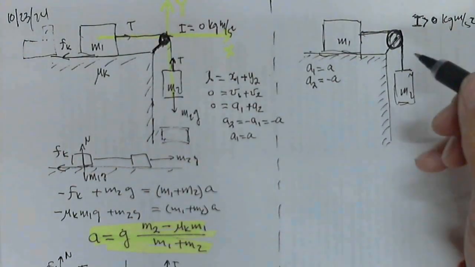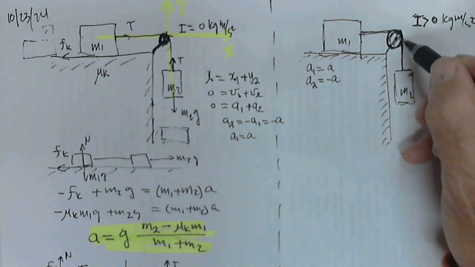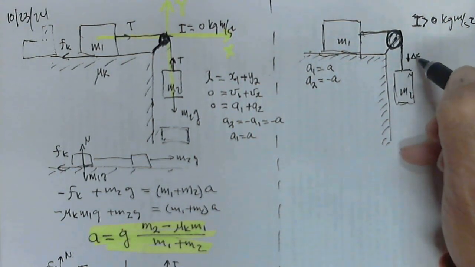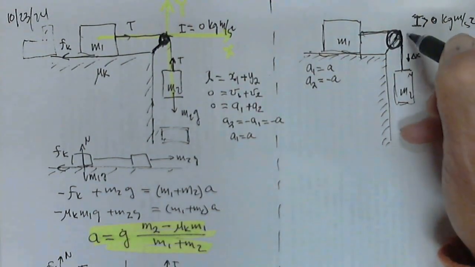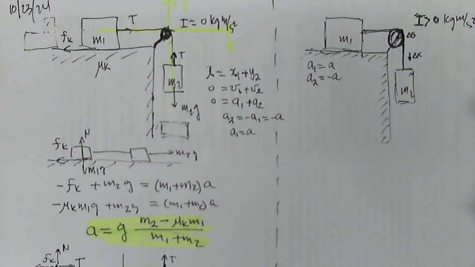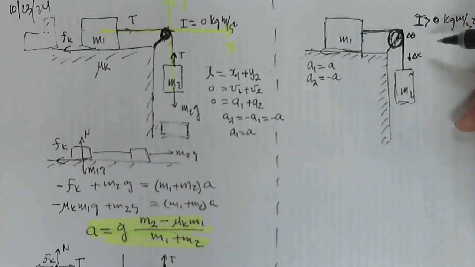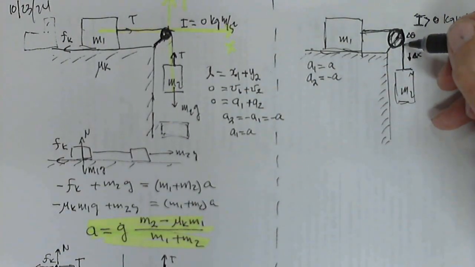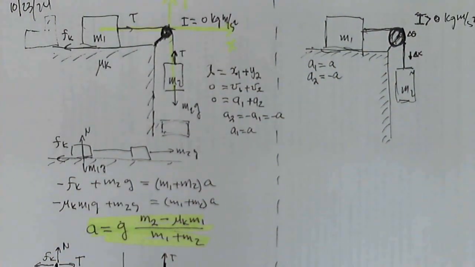So if the pulley moves, the string moves delta x, you got exactly delta theta over there that is going to be related to the displacement of the rope or string over there.